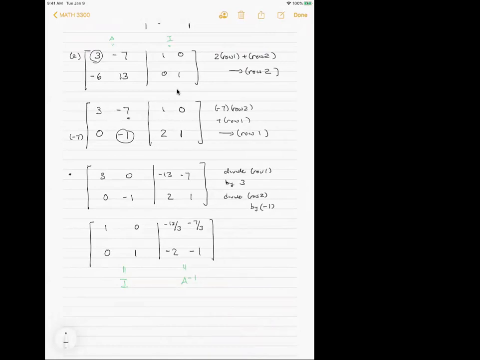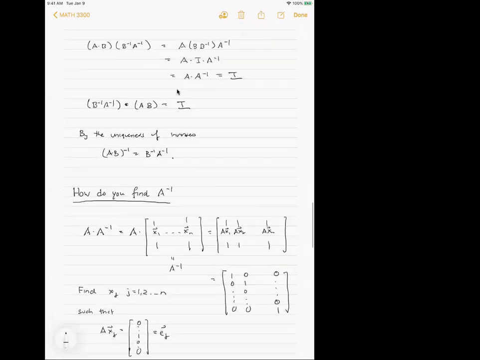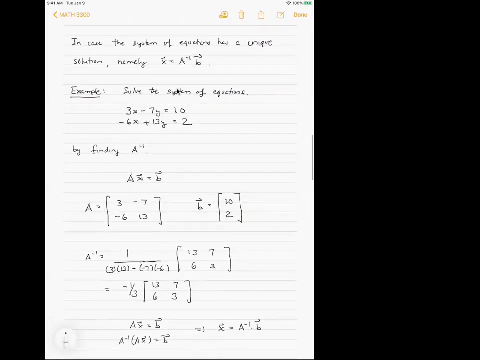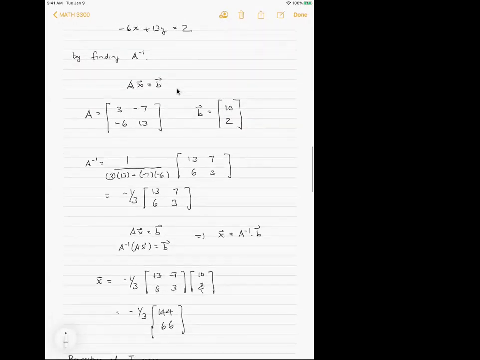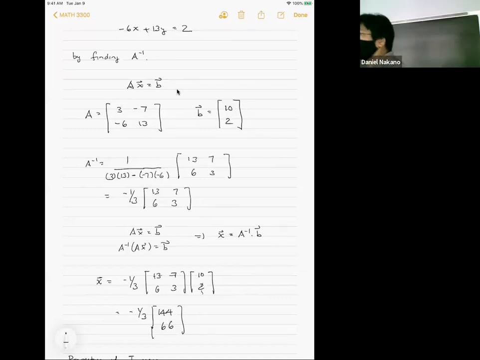If you go up to the first part here, remember, minus 1/3 times the whole thing. So it's minus 13 over 3. Does that make sense now? Okay, so you have to multiply the whole thing. All right, other questions?